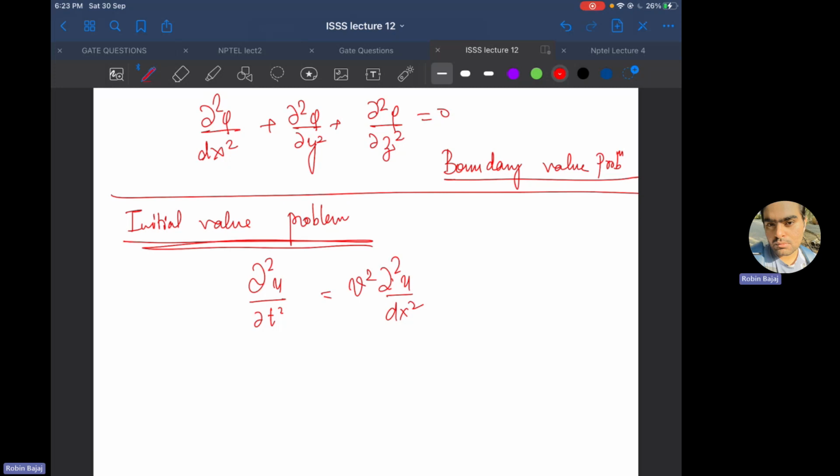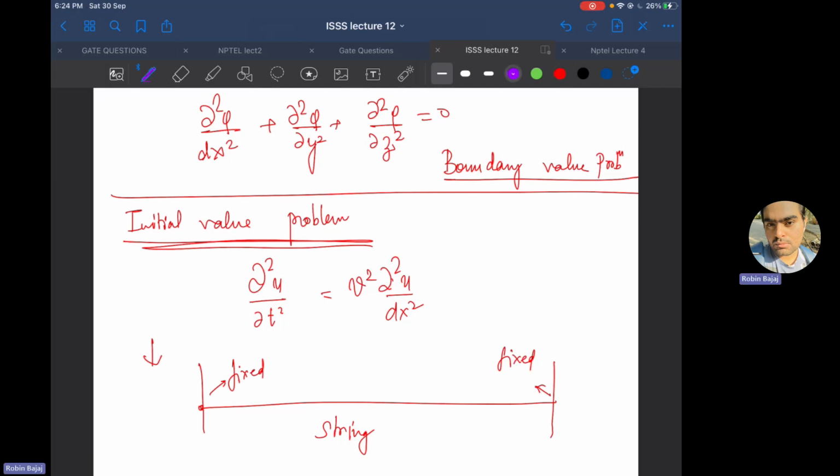In that case, you would also need the time. You want to find it at a particular time. For example, if you have a string bounded between these fixed points, these would constitute the boundary conditions.